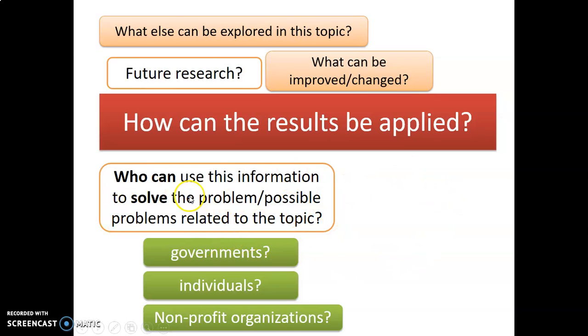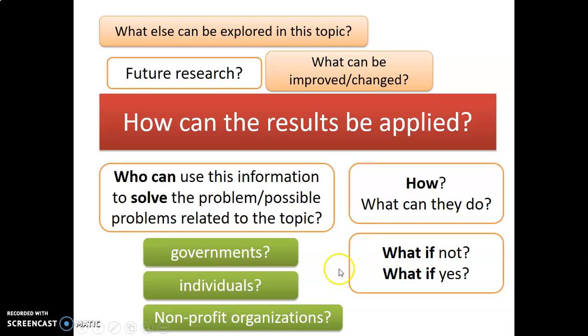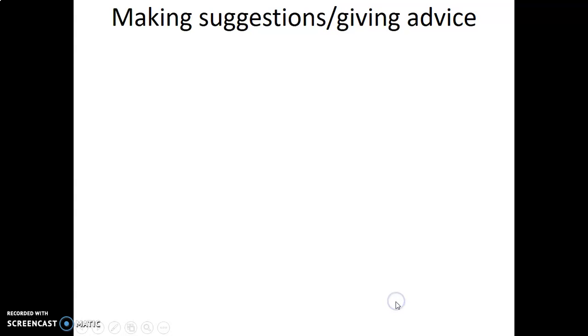Yeah, if there is some problem related to the topic, how can these people solve this problem? Yeah, using the information that you received from this experiment. Yeah, how can they do that? And what if not? What if they don't do anything? Yeah, what if yes? Here you give some predictions, right?